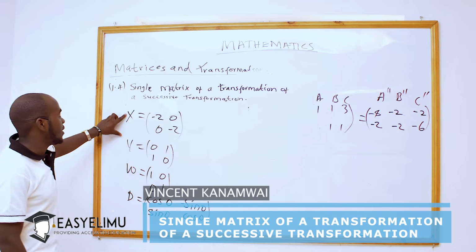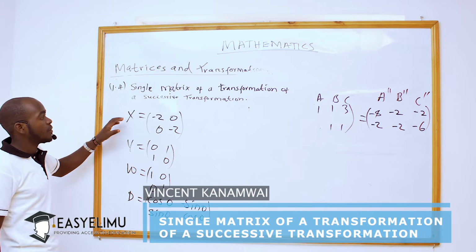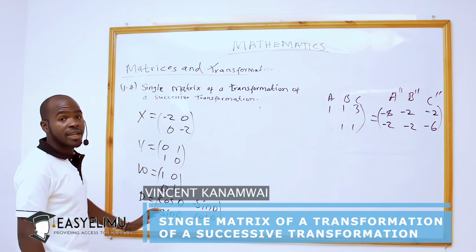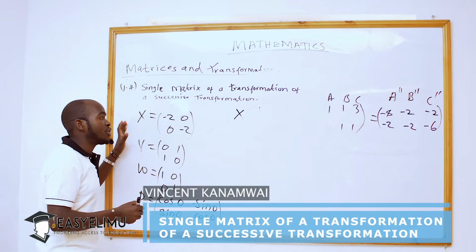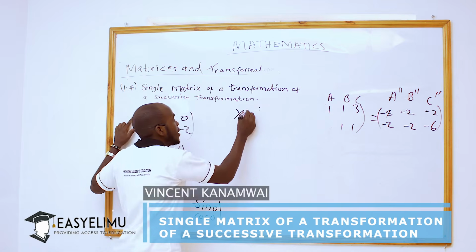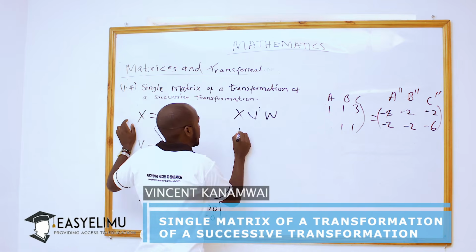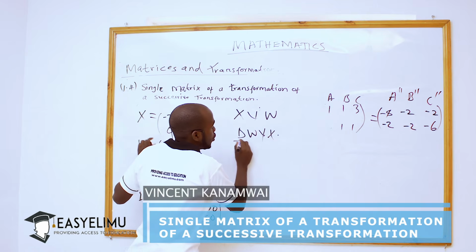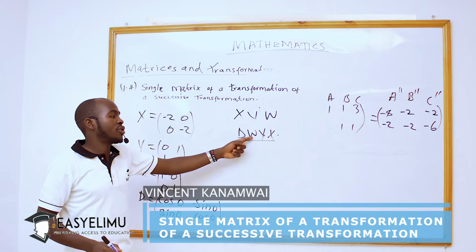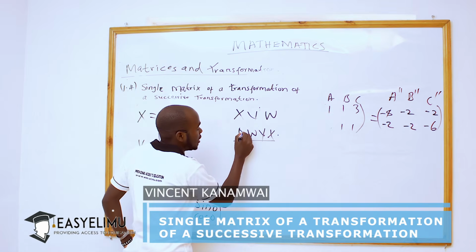But given these transformations, you can still arrange them as required. For example, you can be told, find a single matrix of transformation of X, Y, W, or even D, W, Y, X. You can still find a single matrix by multiplying these matrices.